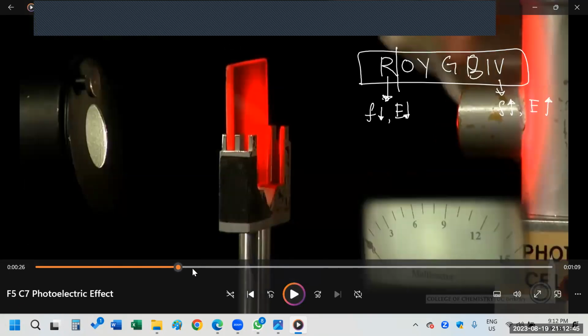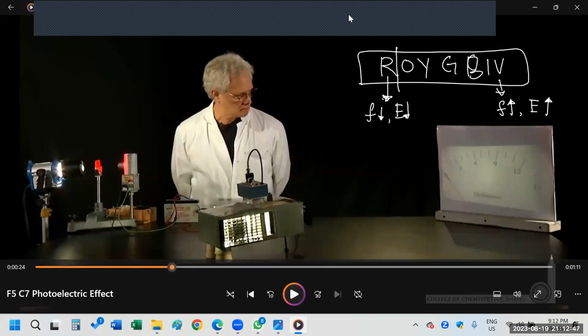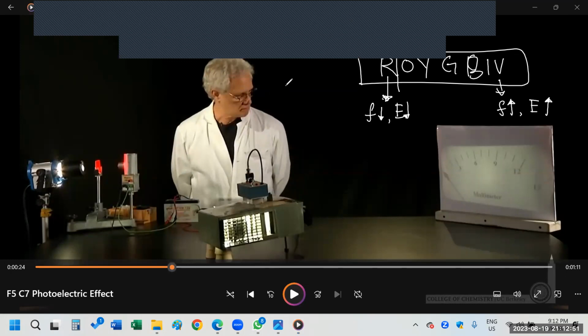Okay, so you can see here, red equals 0. Can say 0 ampere, 0 volt. Okay, means red photons actually do not have sufficient energy to make the electron escape out.